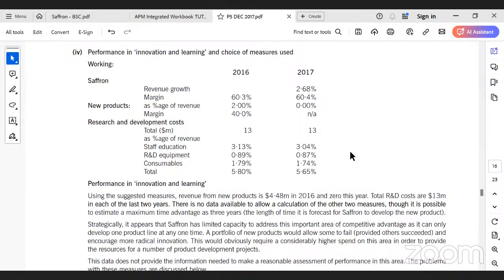This is the comparison between 2016 to 2017. Percentage of revenue, not percentage age of revenue. There's revenue from new products and the innovation. Yeah, so I thought it was like our finance.